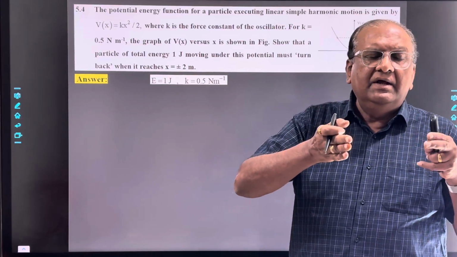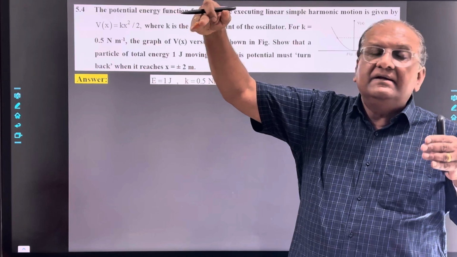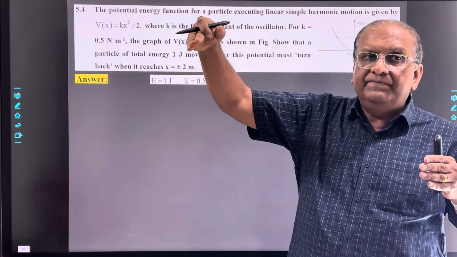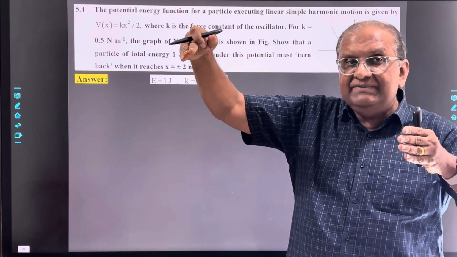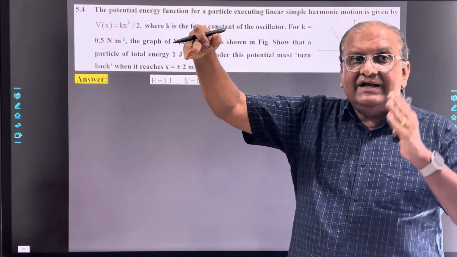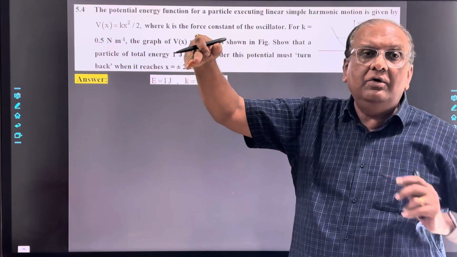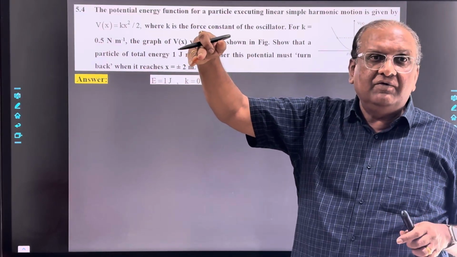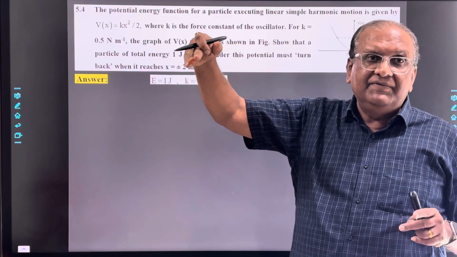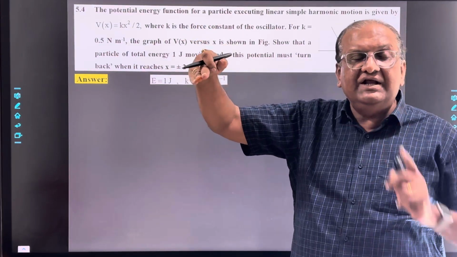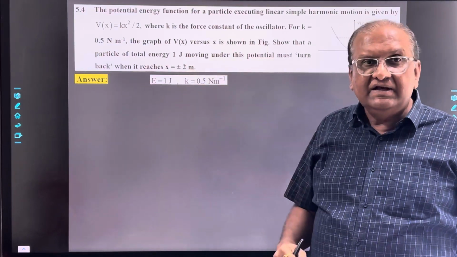Whenever the oscillator reaches the extreme position, it momentarily becomes stationary, its velocity becomes zero, so kinetic energy becomes zero. So the entire total energy is converted into potential energy. Clear?